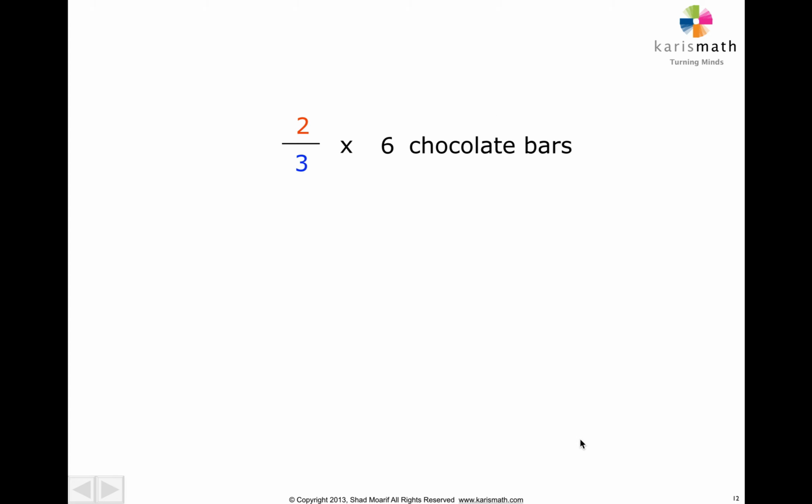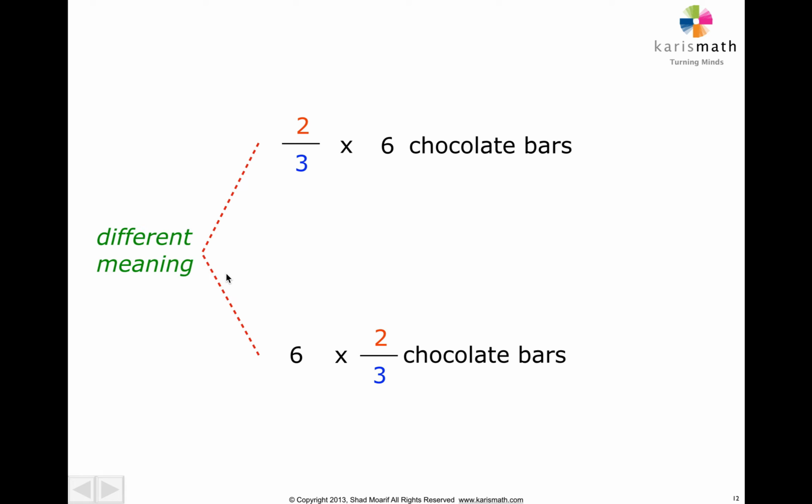So let's do some more. 2/3 of 6 chocolate bars. I want to show you something here. If you take 2/3 of 6 chocolate bars, which means 2/3 times 6, and you take 6 times 2/3, will you get the same answer? Is it the same thing? Does this and this mean the same thing?